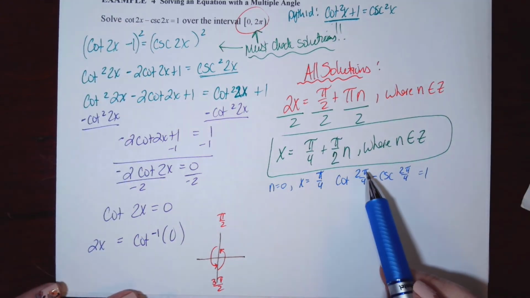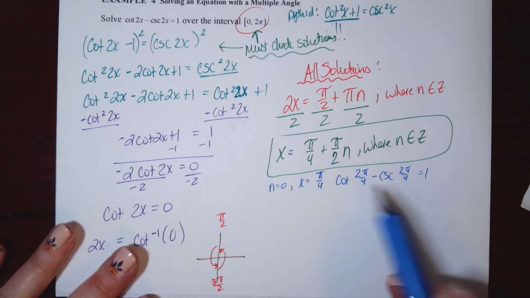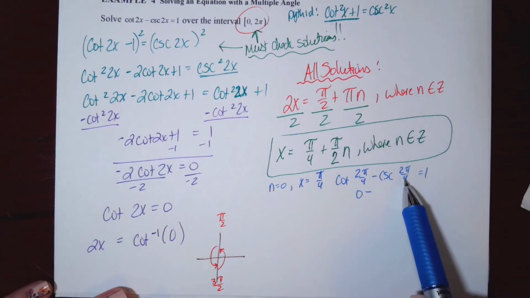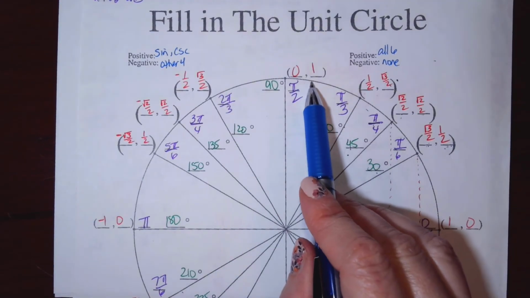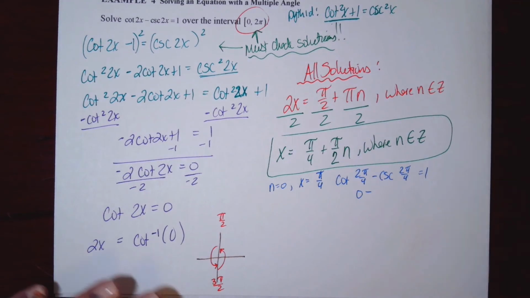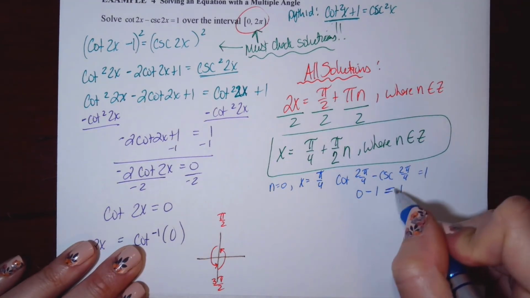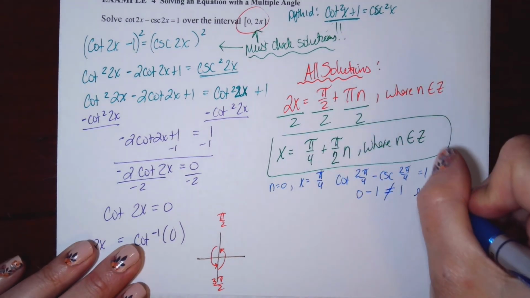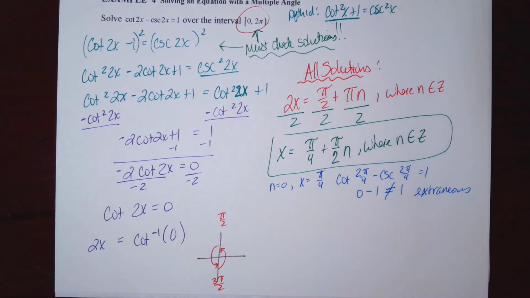Well, cotangent 2 pi fourths is pi half, and cotangent at pi half is 0. Cosecant at pi half, well, cosecant is the reciprocal of sine, and sine is 1, so the reciprocal of 1 is just 1. So I've got 0 minus 1 equals 1. That's not true. That would be negative 1 equals 1. So this is an extraneous set of solutions.